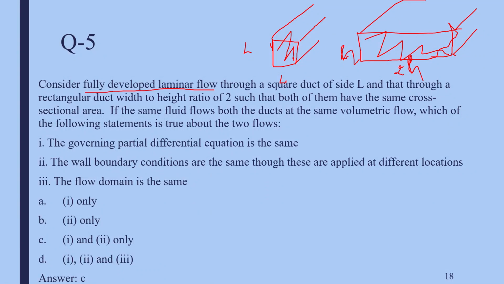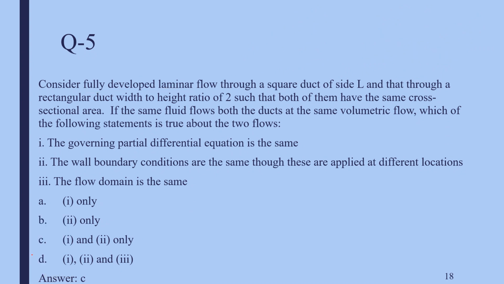So we have a square duct and a rectangular duct. This is length L and this is length L, but this is some height h. So the fluid is flowing at the same volumetric flow in both the ducts.